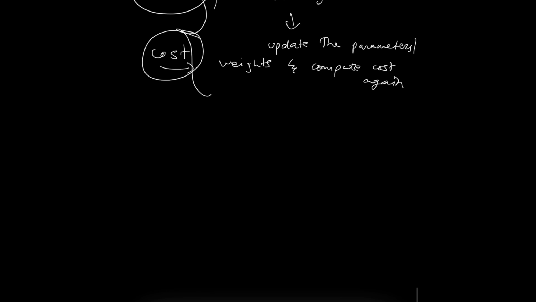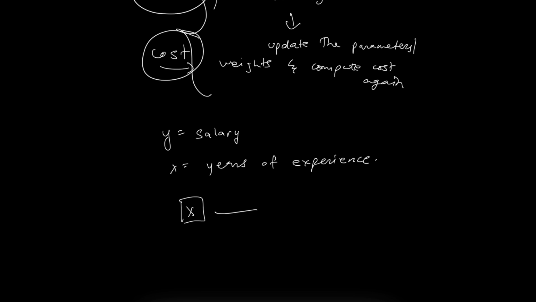So for example, if y is the salary and x is their years of experience, we want the model to perform at a level where if we just give the years of experience, which is the x, it should give us a reasonable salary corresponding to that years of experience in a given domain.